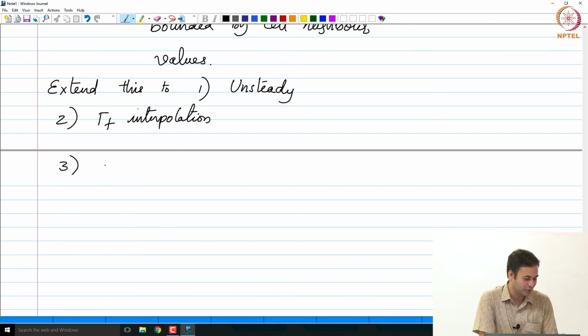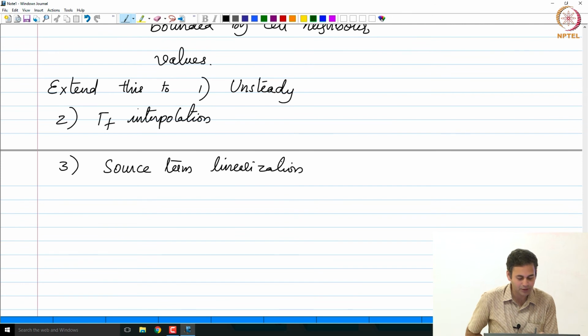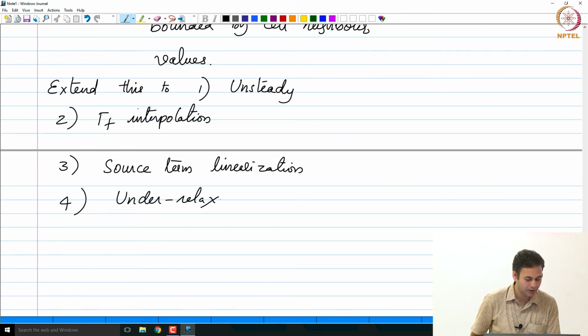Source term linearization. Okay, so source term linearization will remain the same as before. What about under relaxation, right? Can you perform under relaxation for these cases? Yes. So, under relaxation can also be performed on this for non-orthogonal meshes, right?